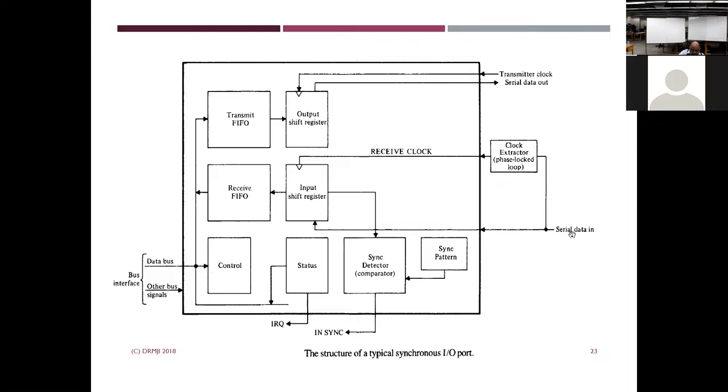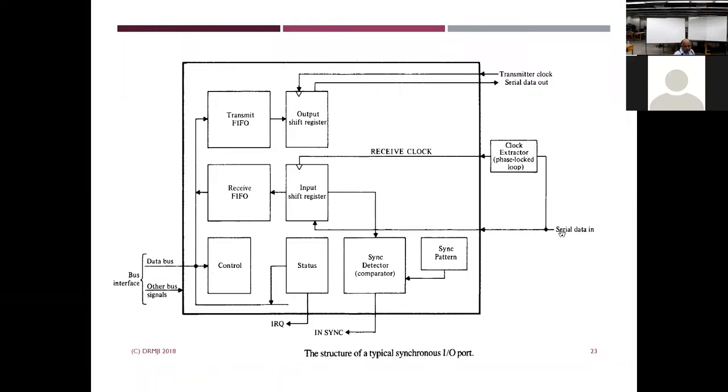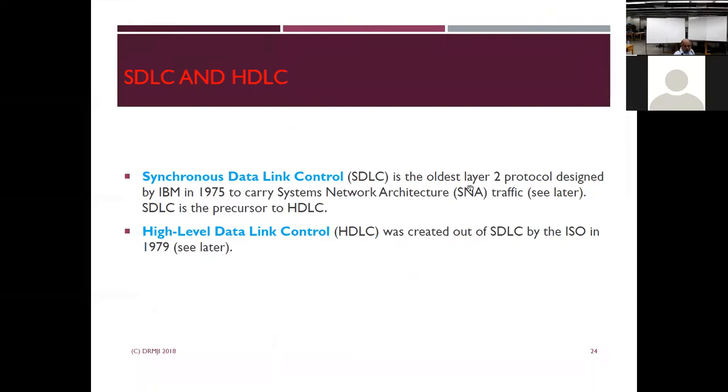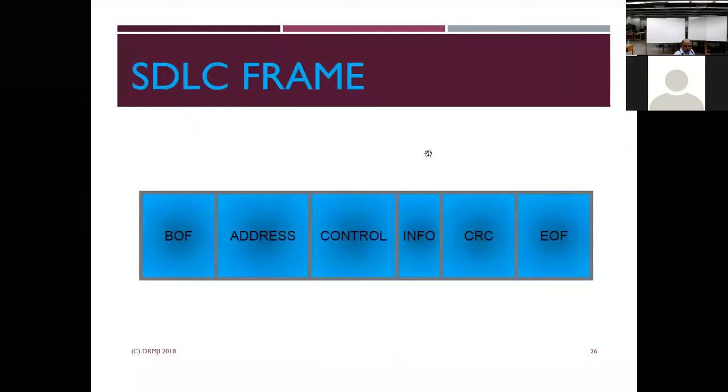Even if the remote clock generator stops sending clock for a while, there is enough time before the local clock generator can drift out of phase. So there is a drift time for the local clock generator, and even before it drifts, the serial data in must get a clock to put it on the right path again. High definition link control was created after data link control, and we talked about that last time.